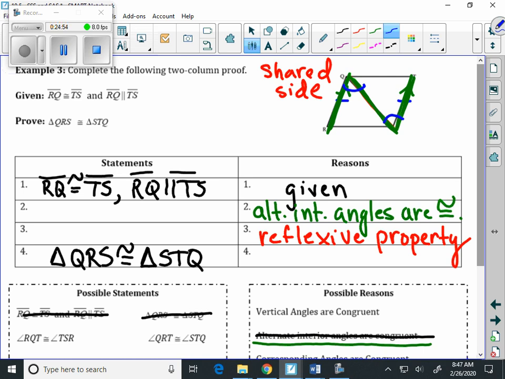So then once we identify those angles, then we can fill in our statement. And that is angle RQS is congruent to angle TSQ.